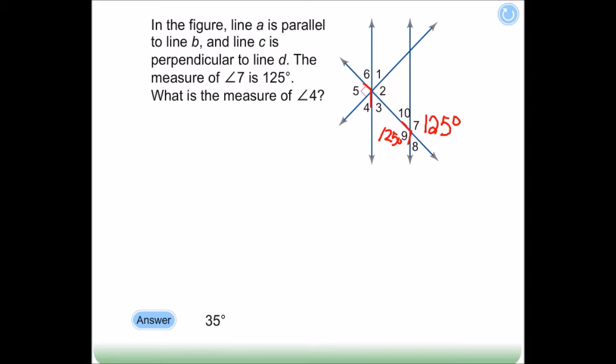This means that angles 5 and 4 have to total 125 degrees. If angle 5 is 90 degrees, since it's a right angle, we would take 125 and subtract 90. This leaves us with 35 degrees, which is the measure of angle 4.